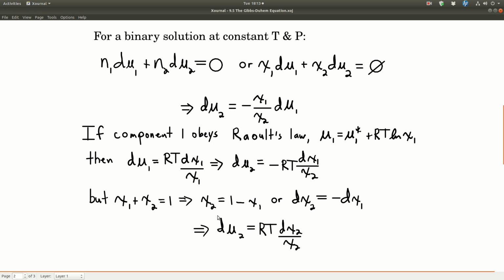So we could say d chi-1 equals negative d chi-2, either way. We can replace d chi-1 with negative d chi-2, and the negatives cancel. We get d mu sub 2 equals RT d chi-2 over chi-2.